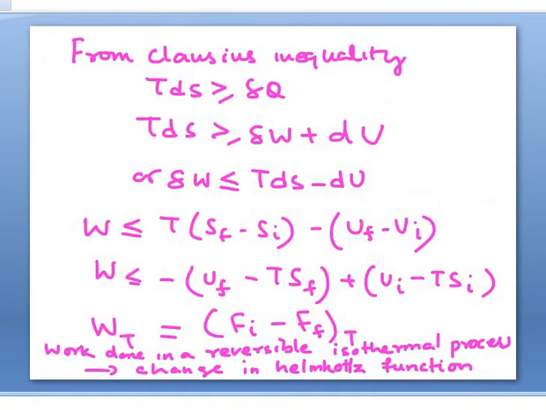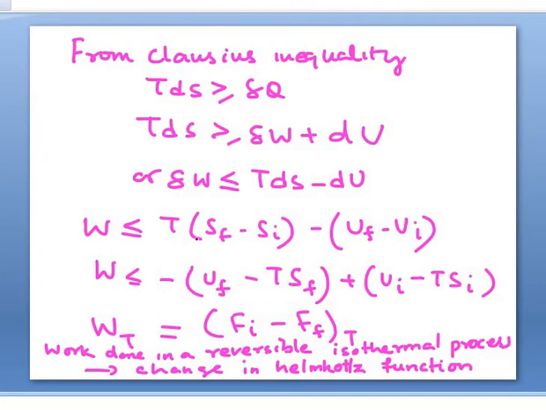From the Clausius inequality we know TdS is greater than or equal to delQ. So TdS is equal to delW plus dU, and this expression comes. Because we are talking about a reversible process, we will write it as an equality.